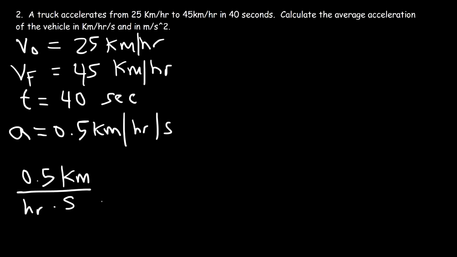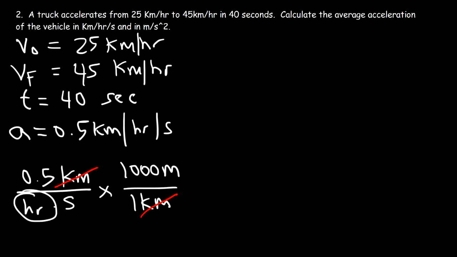So the second two units have to go in the bottom. Now, what we need to do is change kilometers to meters. 1 kilometer is equivalent to 1,000 meters. And we need to write it in such a way so that the unit kilometers will cancel. Now all we need to do is convert this hour into seconds.